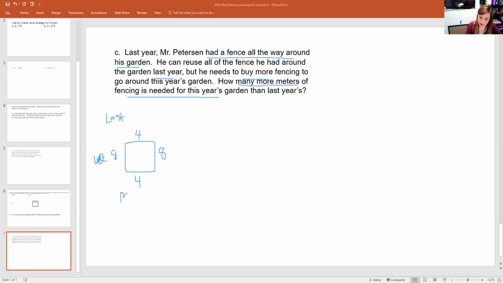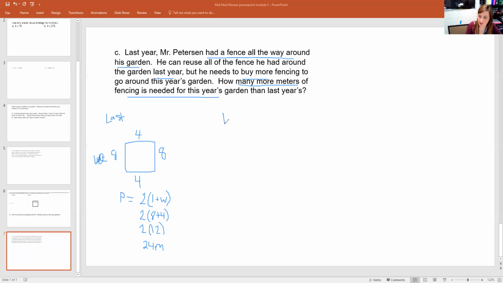And if we're trying to figure out the perimeter of last year's garden, perimeter is 2 times the length plus the width. Or you could just say 8 plus 4 plus 8 plus 4. But let's just do it this way. So 2 times 8 plus 4, or 2 times 12, which we know is 24 meters.